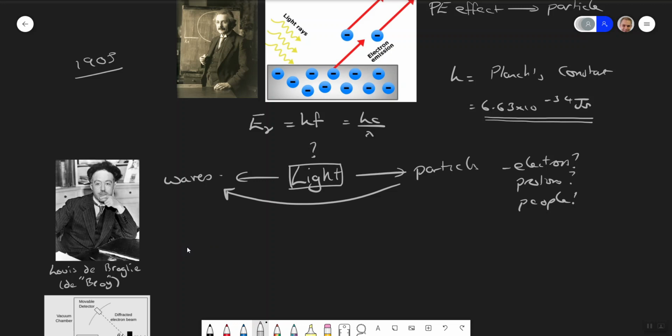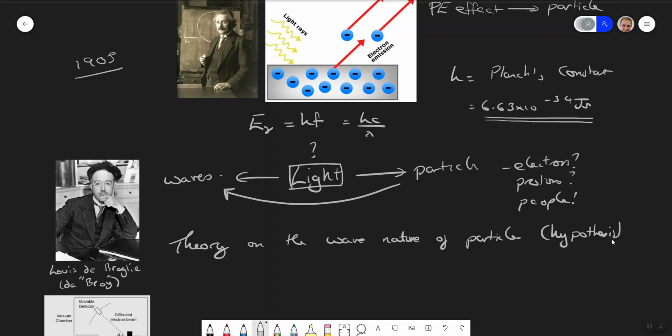So he decided to set out a theory on the wave nature of particles. Or actually, at that time it would have been a hypothesis, because he did not have any experimental evidence for it.